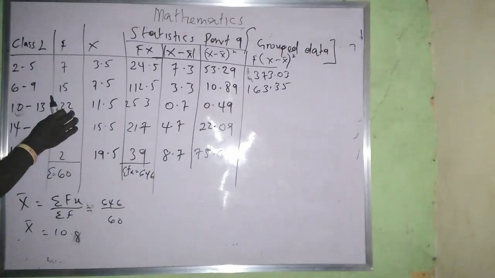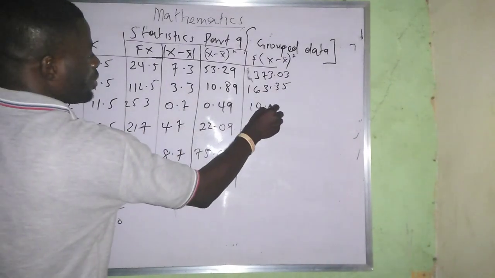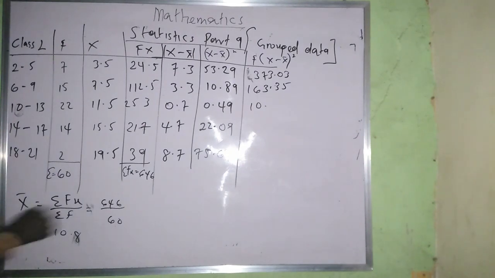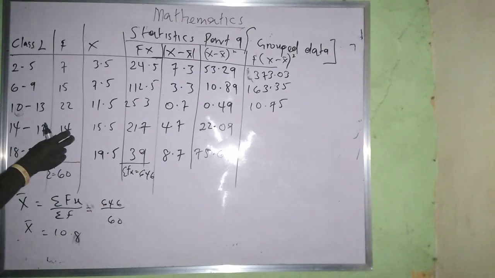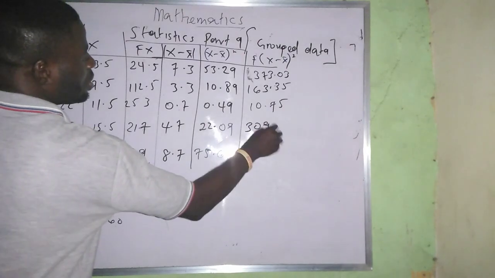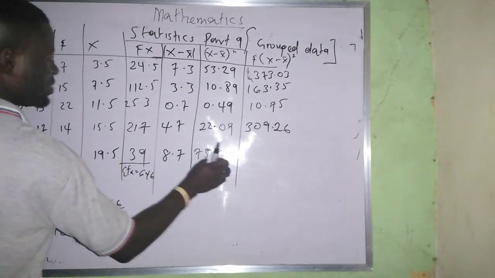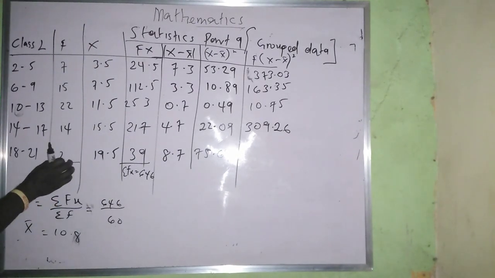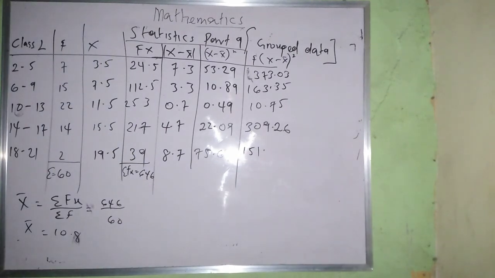This times this will give me 10.75. Now this times this will give me 309.26. And 75 times 2 will give me 151.38.